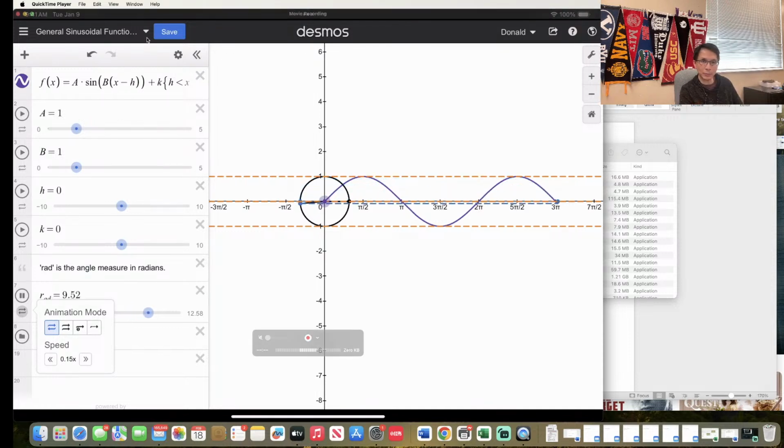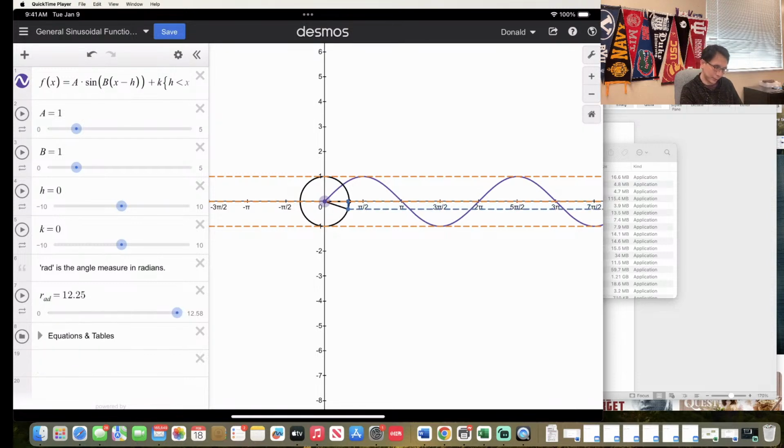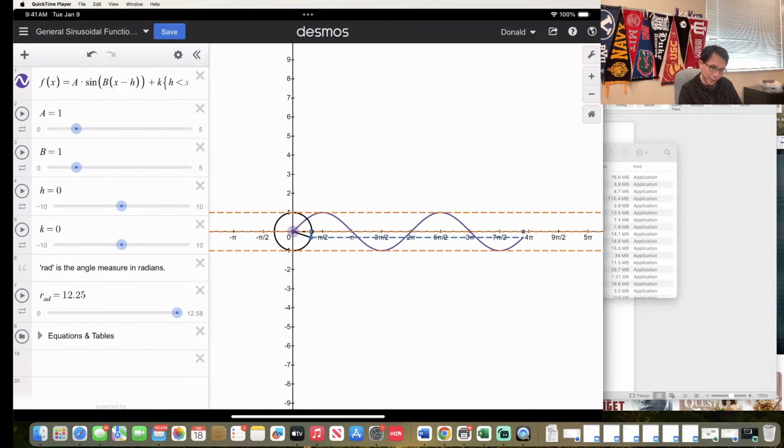So if I pause it right at this moment, do you see the height is based on the y value of the unit circle? I just extend that line all the way to the other side, and that's going to be the height. Is that okay? And if we go backward, do you see it's based on the y value of the unit circle, which is the sine graph? Does that make sense or no? No?